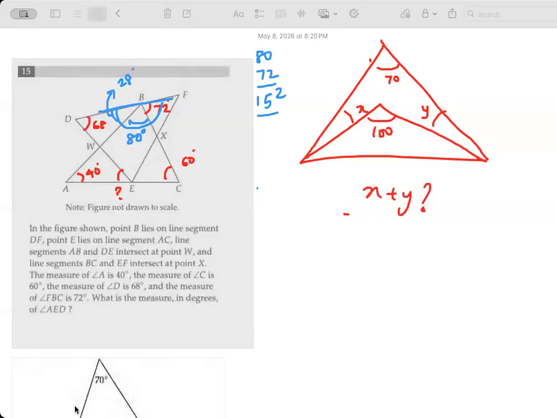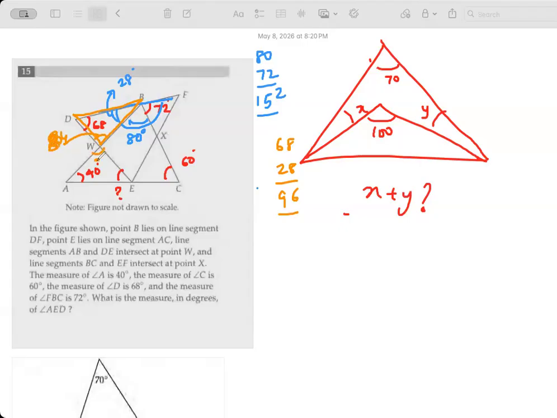But when you look at the figure closely, this is a triangle, right? So 68 plus 28 is 96. You have 96 already in place, so this will be 84.